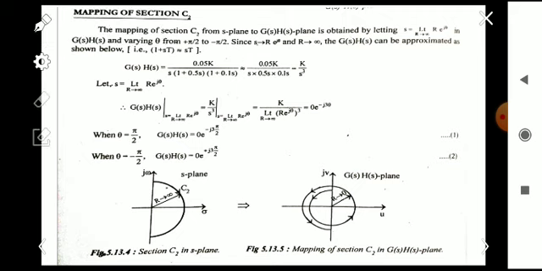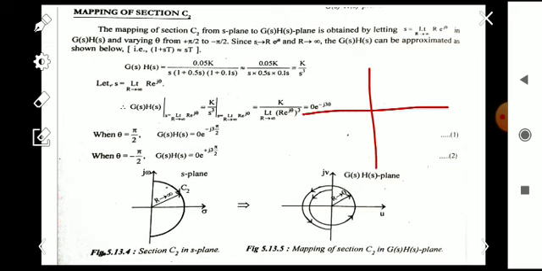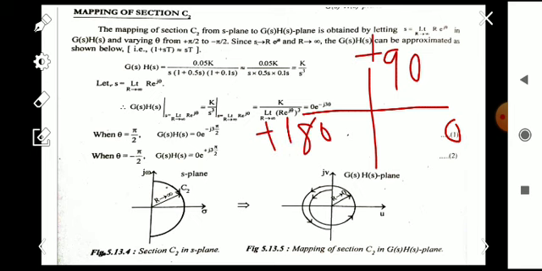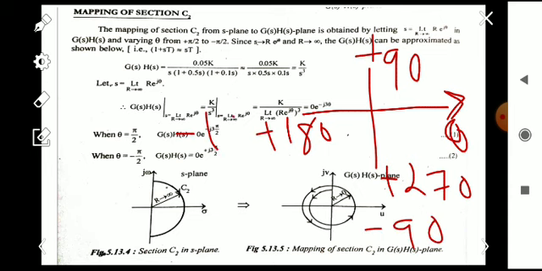We know the variation in angle, if you are considering the quadrants: this is 0 degree, this is plus 90, this is plus 180, and this is plus 270, then again plus 360 or 0. If you are taking the negative reverse side, that is 0, minus 90, minus 180, minus 270, minus 360, like that.